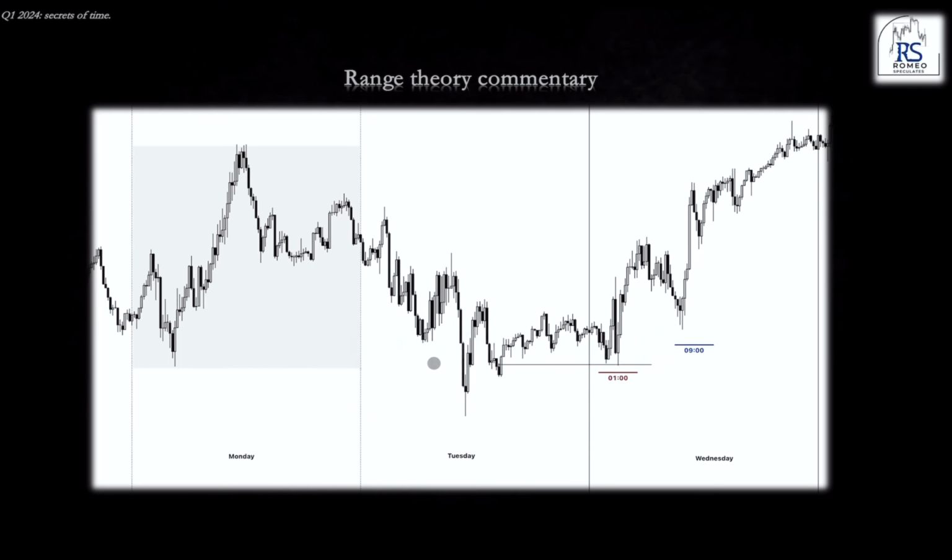Smart money is supporting this low. It's sponsoring this low. Therefore, we can safely assume that Wednesday will take out Monday's high, or even Thursday. If there's a news event which will restrict Wednesday, then Thursday will take out Monday's high.